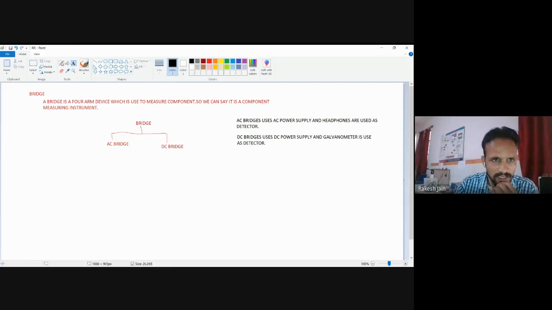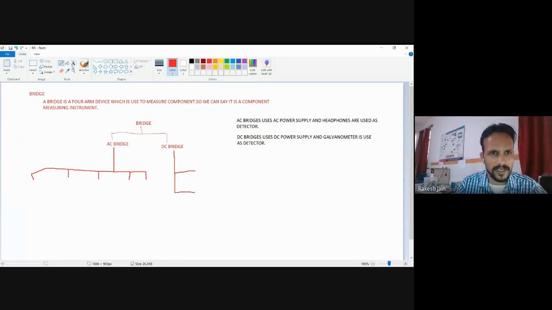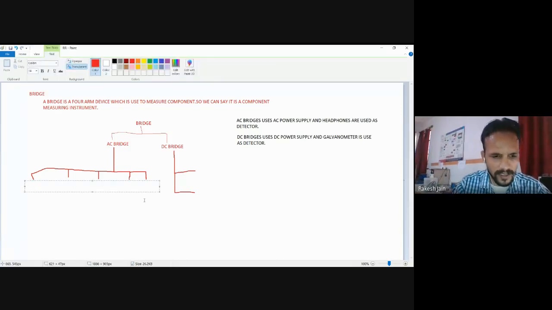If you talk about the further classification of AC bridges and DC bridges, we can classify them in this manner. AC bridges can be categorized into different groups, like the Wien Bridge, Schering Bridge, De Sauty Bridge, Hayes Bridge, Colpitts Bridge, and so on. And DC bridges generally include the meter bridge and the Wheatstone bridge.